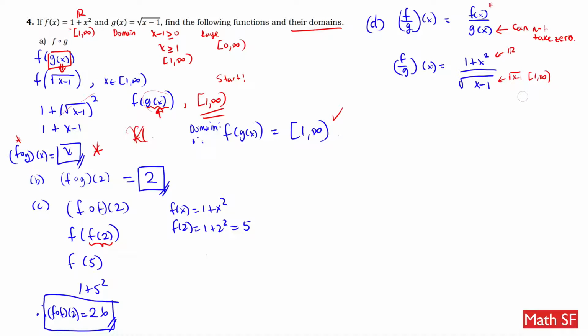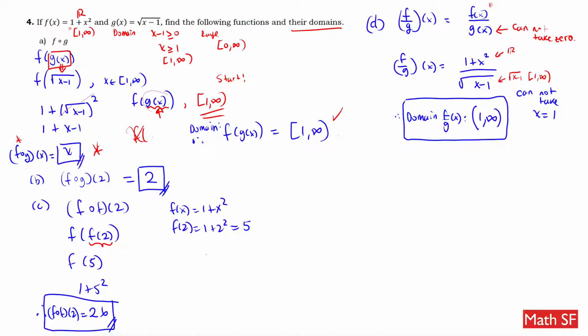So we cannot take x equals 1. We're going to exclude that from our domain. Therefore, the domain of f over g of x is open at 1 to infinity. So that's what your domain is going to be. Remember, this part in the bottom, this rational expression, has to be greater than 0, not just 0, because it happens to be in the denominator.